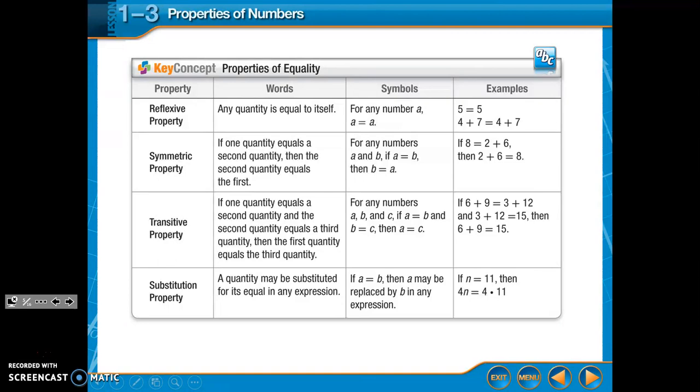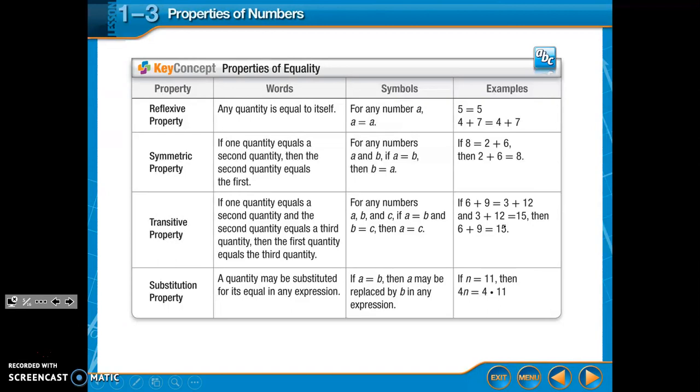The next is the transitive property. If one quantity equals a second quantity and the second quantity equals a third quantity, then the first quantity equals the third quantity. So if I have A, B, and C, if A equals B and B equals C, then A also has to equal C. So for example here, 6 plus 9 is equal to 3 plus 12.